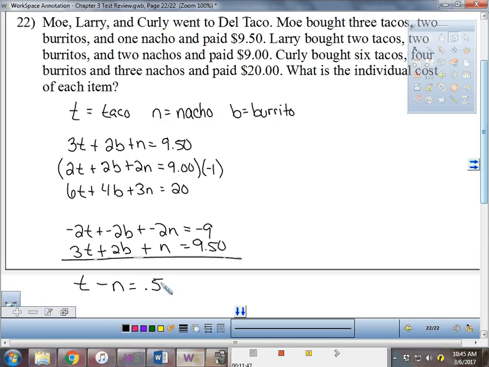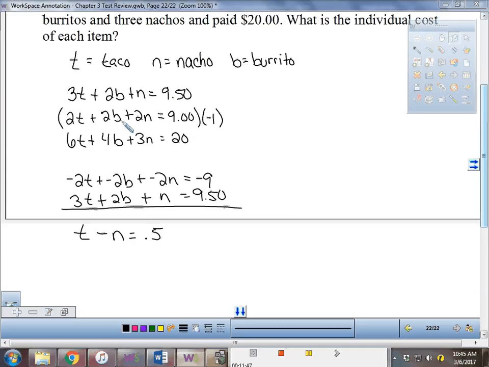Alright, so now I need another equation. So let's say I use these two. I can eliminate burritos by multiplying this by negative 2. So I've got negative 4T minus 4B minus 4N equals negative 18.